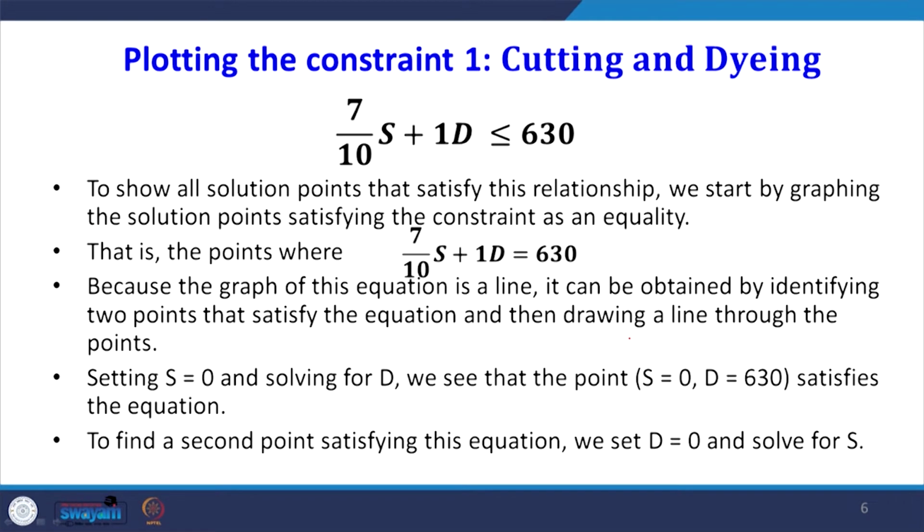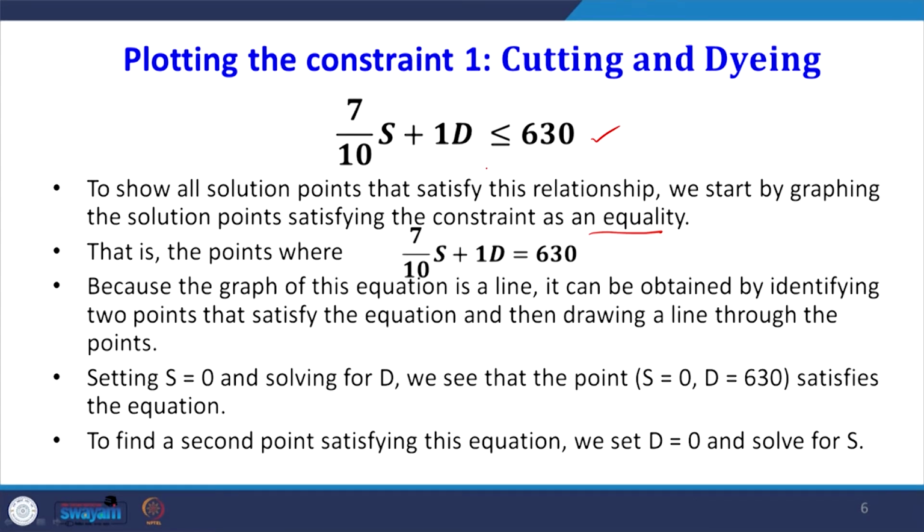The next stage is plotting all the constraints into the graph. So, let us see how to plot constraint number 1, that is cutting and dyeing. Constraint number 1 is 7/10 s plus 1d less than or equal to 630. To show all solution points that satisfy this relationship, we start by graphing the solution points satisfying the constraint as an equality.